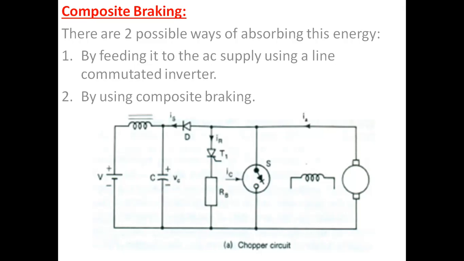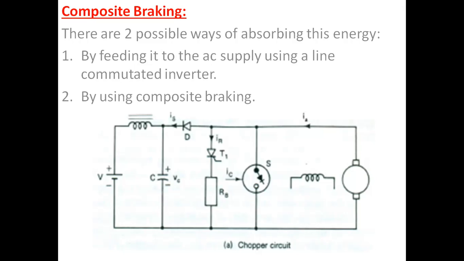So there are only two possible ways of absorbing this energy. First one is by feeding it to the AC supply using a line commutated inverter. But this increases the cost of conversion equipment.